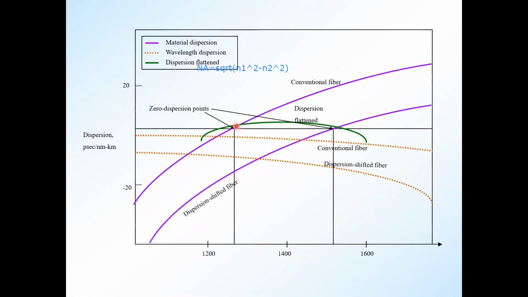At 1330, when I told you that it has minimum losses, the reason is that the dispersion at 1330, as you can see, is a point of zero dispersion. And therefore, this is one of the reasons why we have chosen 1330 for signal transmission: because of minimum dispersion.